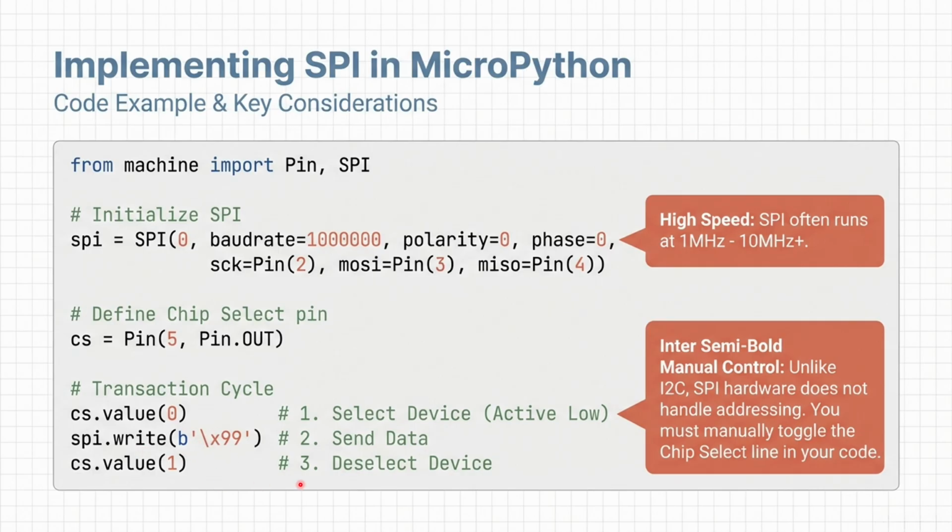Then lastly, we have deselect device, which is cs.value equals 1. After we completely send our data, we hang up the private intercom so the bus will be free again for others to use. So what happens if you forget to pull the CS line back to high? The sensor will stay awake and might interfere with the next conversation you try to start.